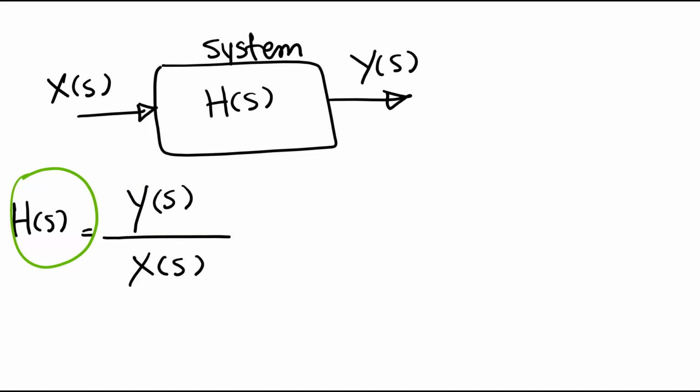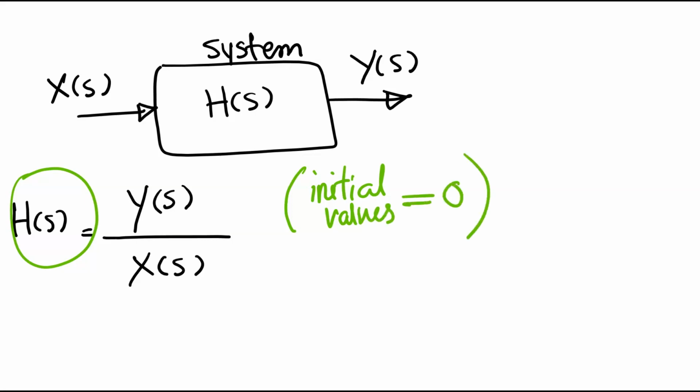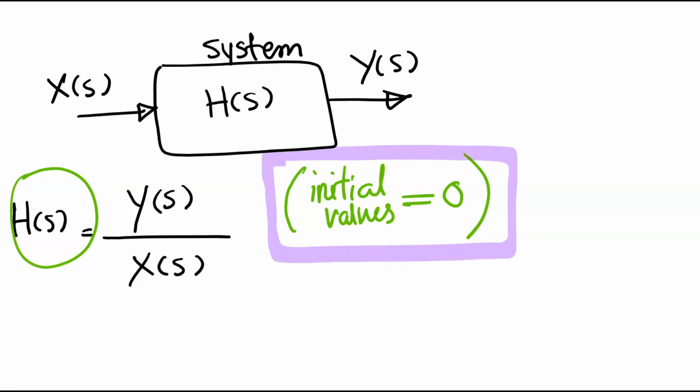And don't forget that we are assuming that we don't have any initial values. So all initial values are equal to 0. Whenever I'm talking about the transfer function, I'm assuming that initial values are equal to 0, and I have to use a general term for the input.